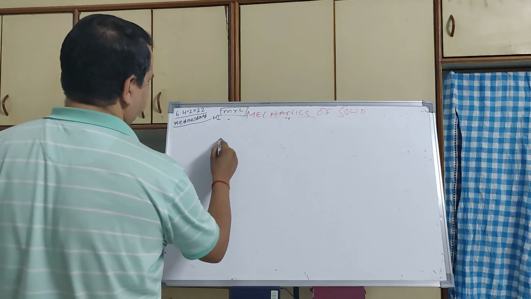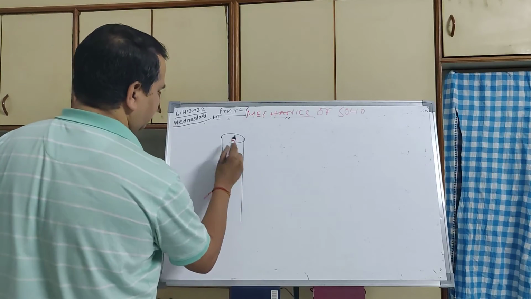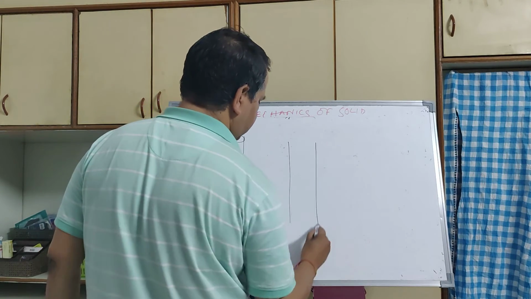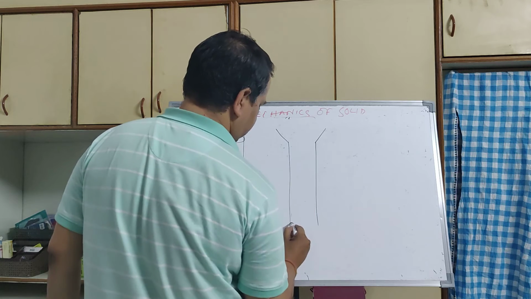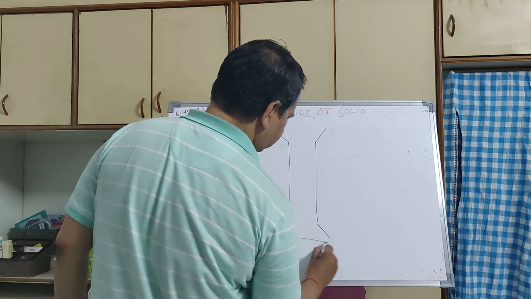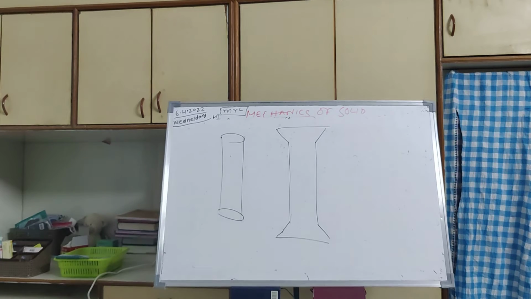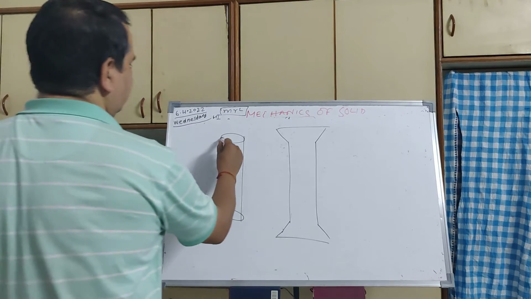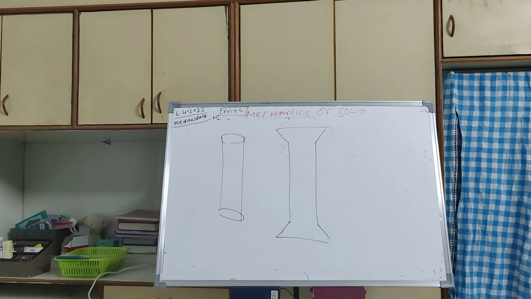If you have a column like this, and another column with a diamond shape at the end, this will have better load carrying capacity. A pillar with a rounded edge as shown in figure 9.10a supports less load than one with a distributed shape at the end. This is the rounded shape, this is the distributed shape, and this will carry more load. That's all.